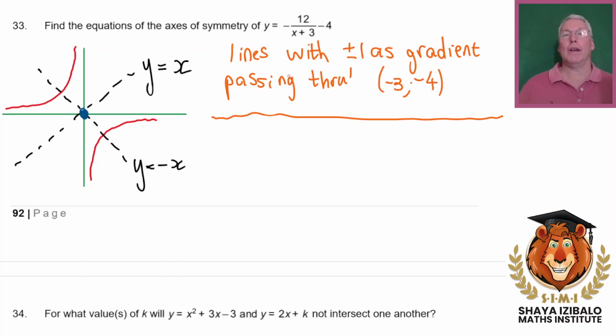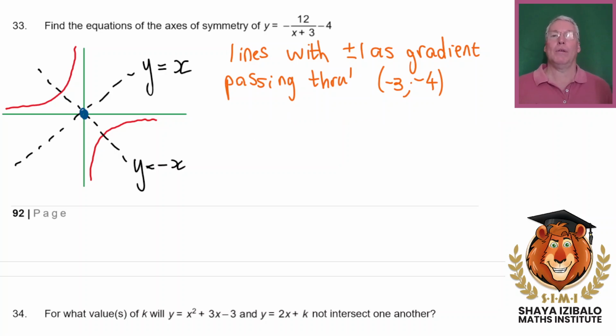Let's take a look at how that's going to look. We quite like to use this formula: y minus the y value is the gradient times x minus the x value.